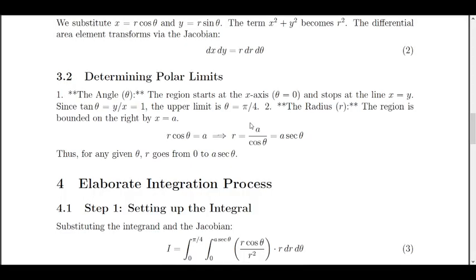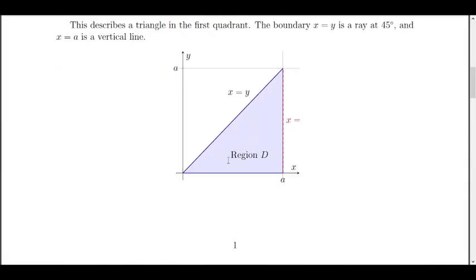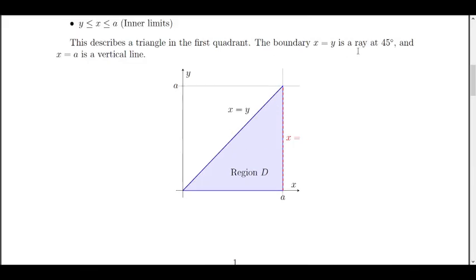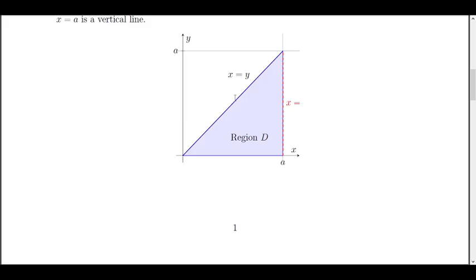Now let us determine the polar limits, starting with theta. The boundary x equal to y is nothing but theta equal to pi by 4. Why? Because in polar coordinates x is r cos theta and y is r sin theta, so r cos theta equal to r sin theta, that means tan theta equal to 1, that means theta equal to pi by 4.